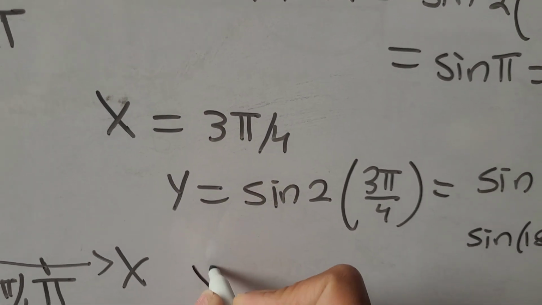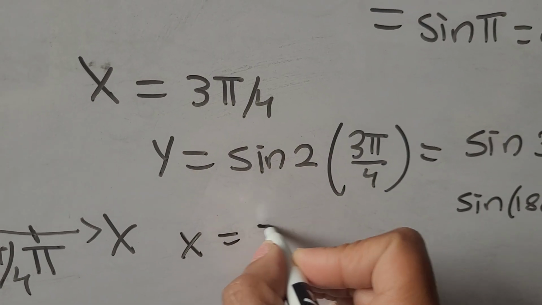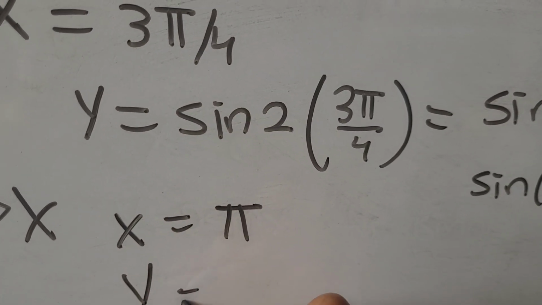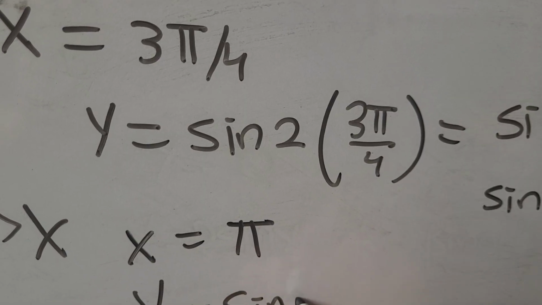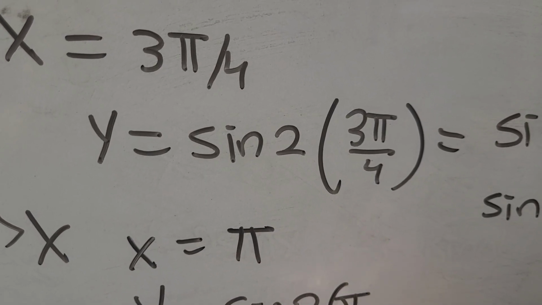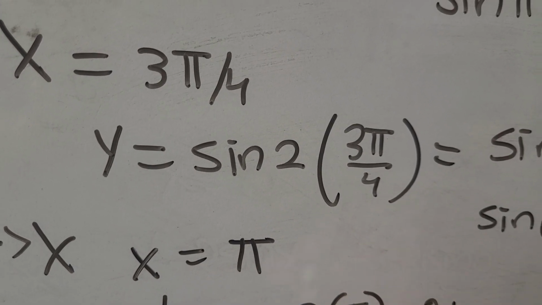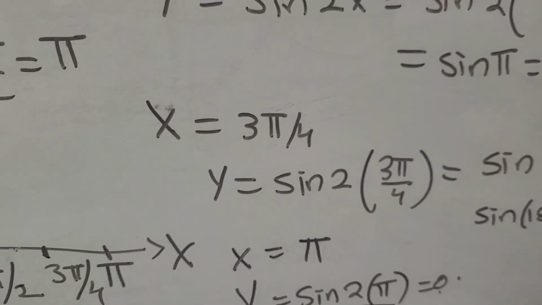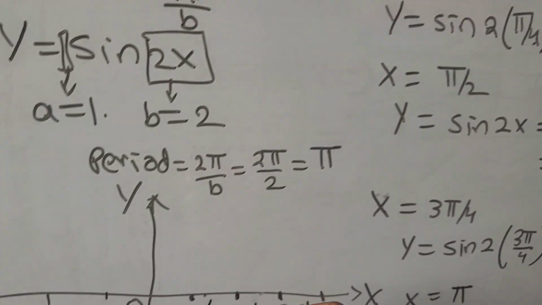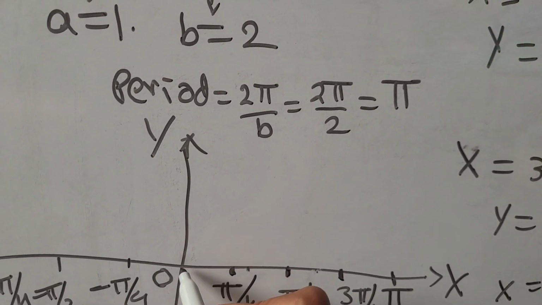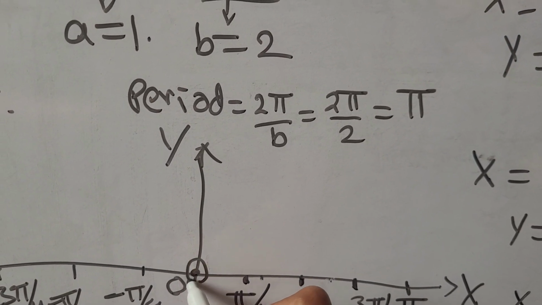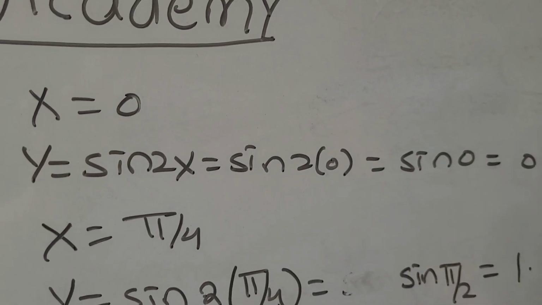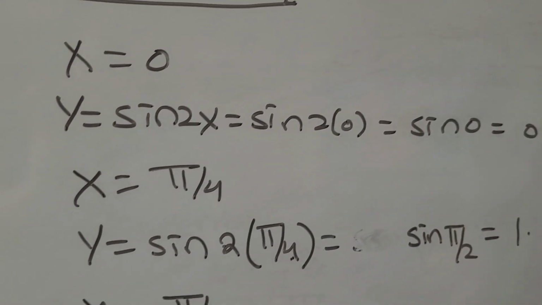And for the last value, x equal to pi, the y value will be y equal to sine of 2 times x, so sine 2 times pi, which is 0, because sine 2 pi is 0. Okay, so depending upon these values, I am going to mark my graph here. For sine 0, I got the value as 0 here, and for x equal to pi by 4, I have 1.